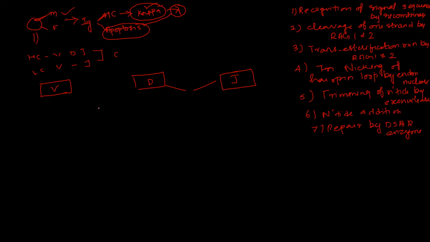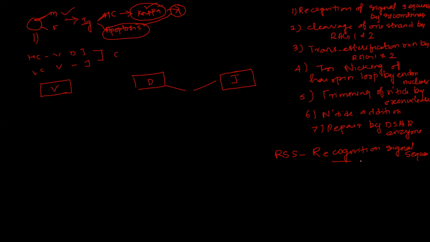So in order for the joining to take place, it needs something called RSS, which is known as recognition signal sequence. So that is the recognition of signal sequences. Okay.